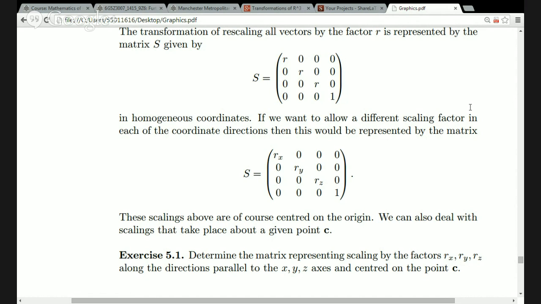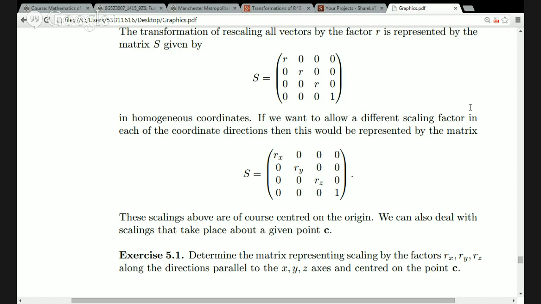So step one has the matrix, well, this is going to be a translation matrix, and this will be Cx, Cy, Cz.